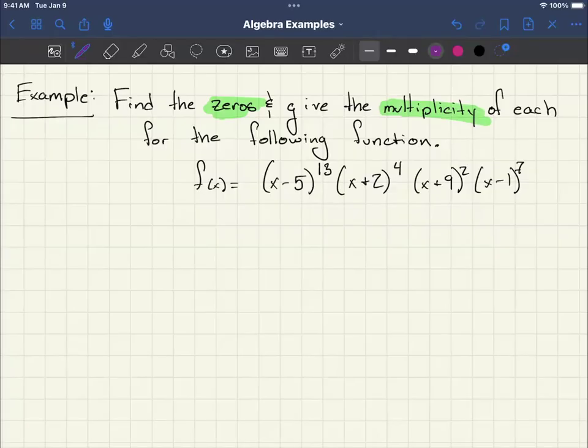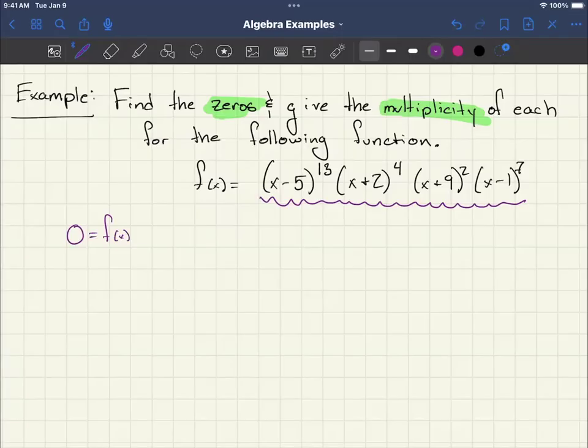We notice that our function here is already factored out for us, so we don't have to do any factoring to find our zeros. Technically, what we do is when we have a function and we're looking for zeros, we are setting our function equal to 0, and then we figure out what x values are going to work for that.